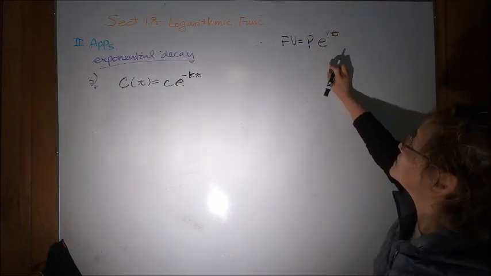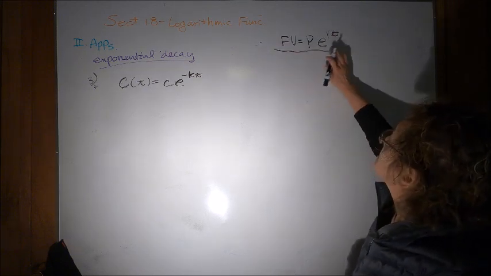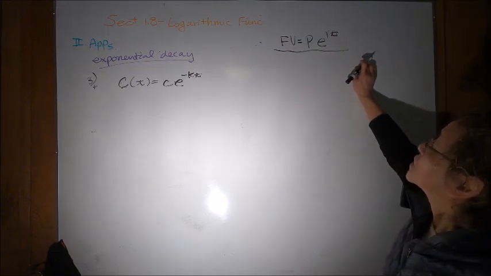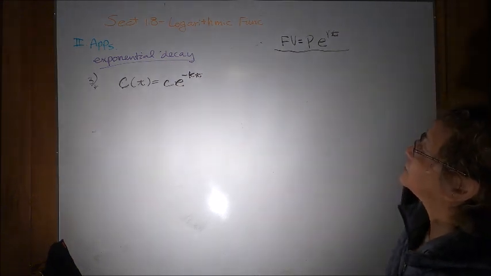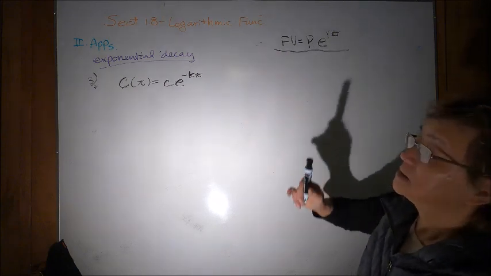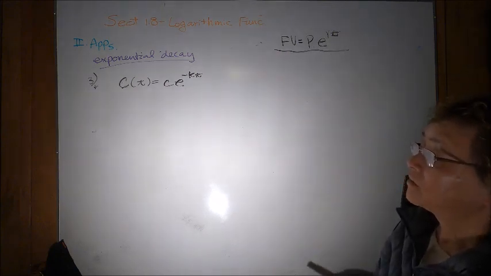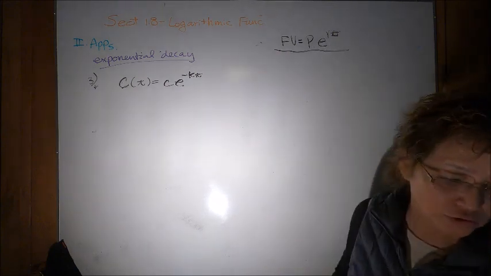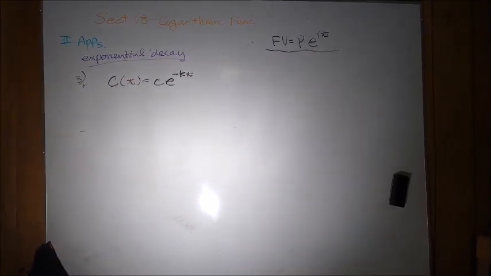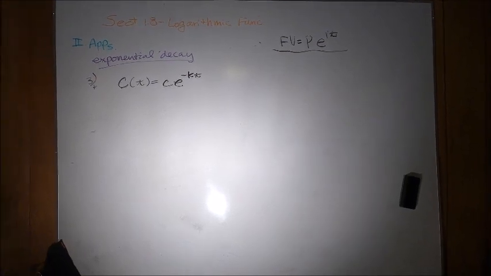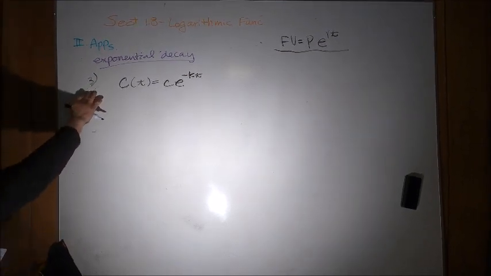R is positive, so it's growth. If the power is negative, it's what? Decay. So it's a similar style. Continuously, you use the base e. So let's see the example, then see what it means.